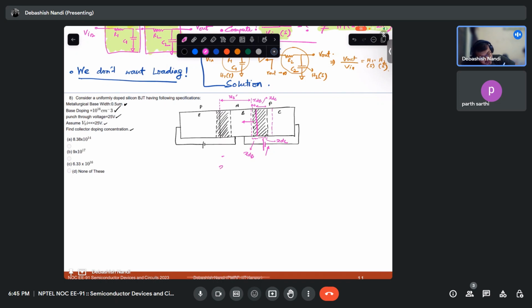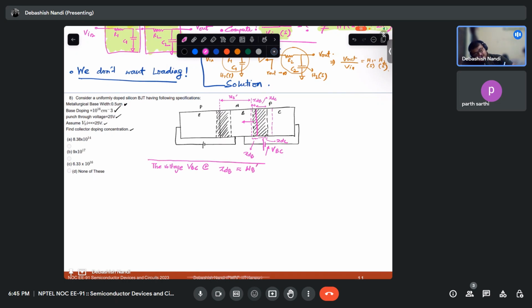So there will be a situation when the voltage, let's say VBC, at which XDB is almost equal to your metallurgical base width.